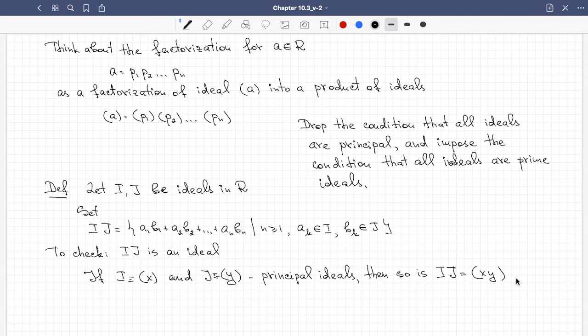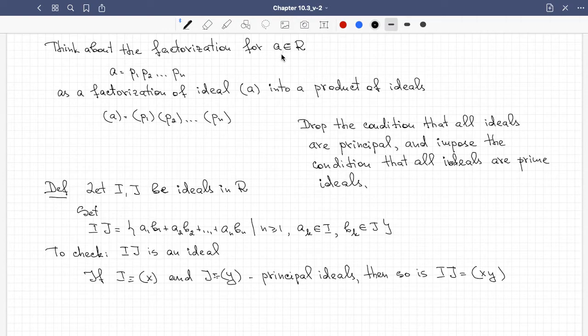So now, if you have decomposed some element or just some ideal into a product of ideals, you have to decompose further until all ideals are now prime ideals.